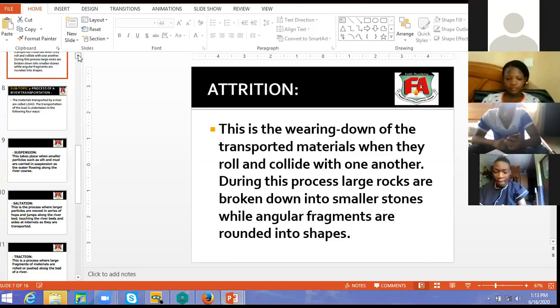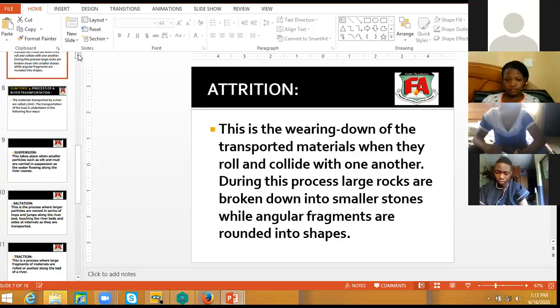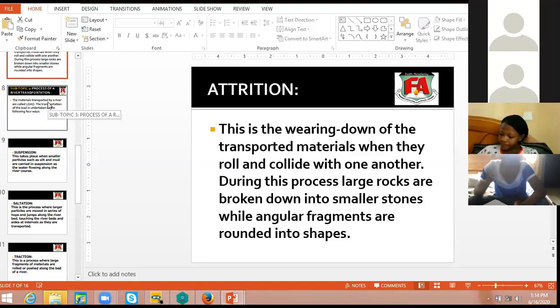We said 1, attrition, we have corrosion, corrasion, hydraulic action, and then the last one is what? Corrosion. Very good, very good. God bless you. It's not corona.